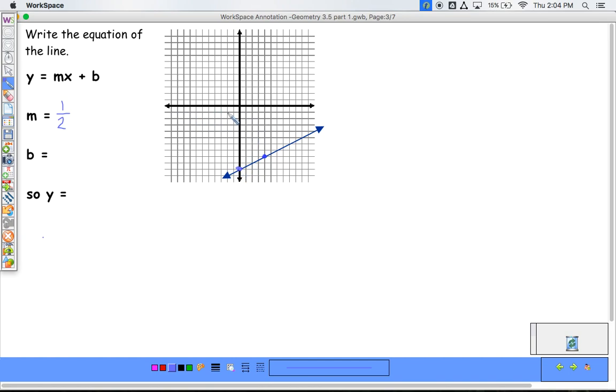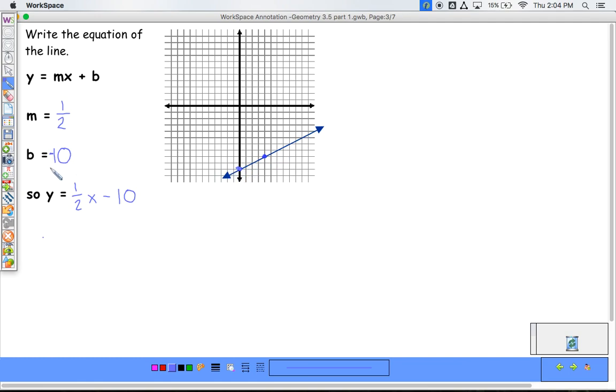Not where it hits the x, not this one, but where it hits the y-intercept. In this one we can count down and we see that it intersects at 10. Actually negative 10. So plugging m and b into our equation is going to be y equals 1/2 x minus 10. So that's the equation for this line.